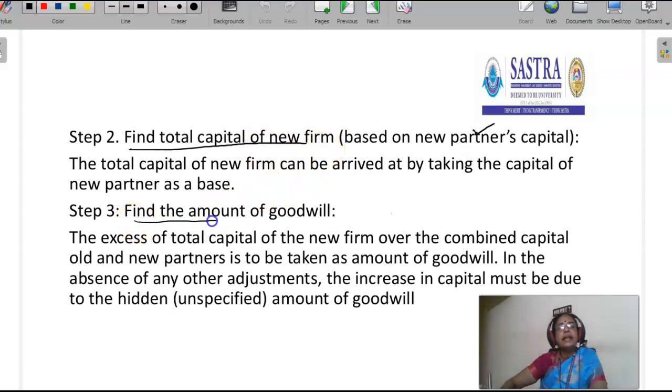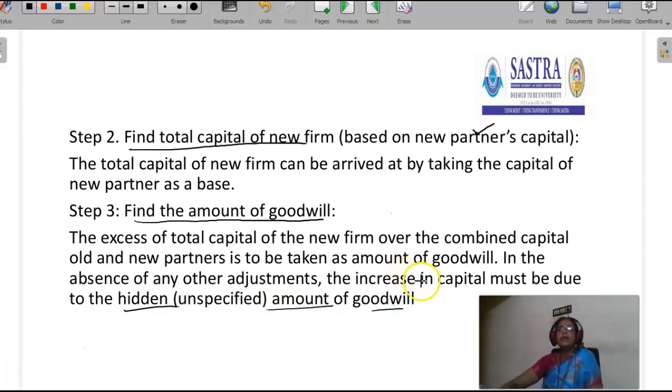Third step, find the amount of goodwill. The excess of total capital of the new firm over the combined capital of old and new partners is to be taken as the amount of goodwill. In the absence of any other adjustment, the increase in capital must be due to the hidden amount of goodwill.